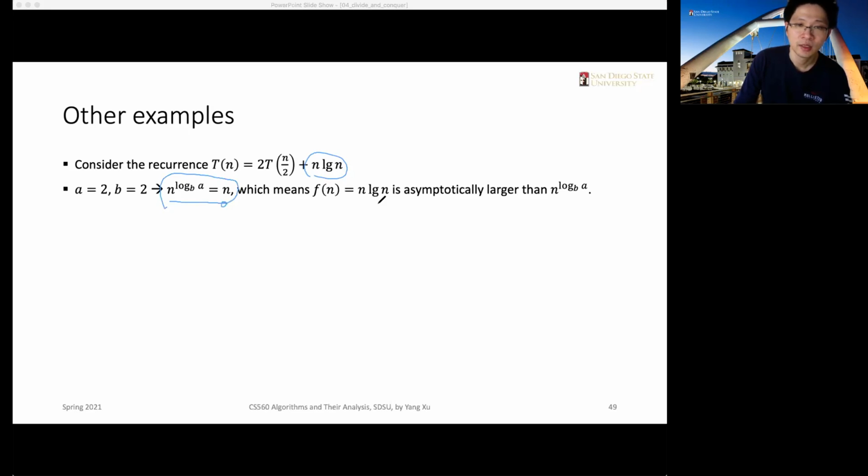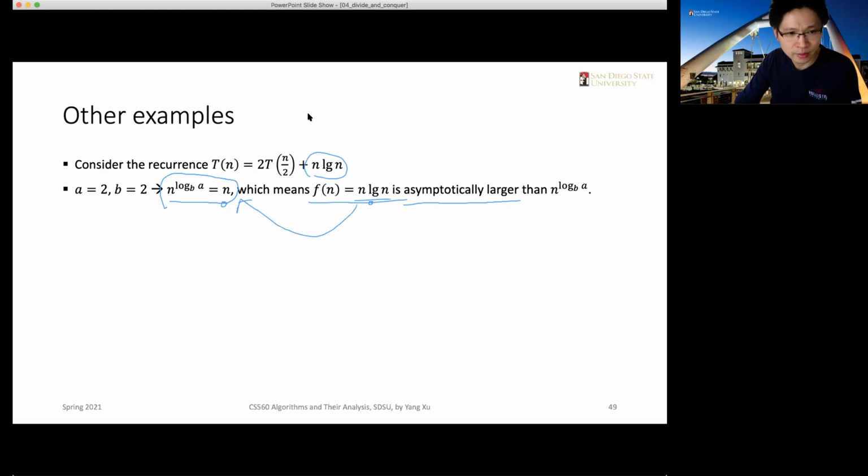It's easy to observe that the function f of n is asymptotically larger, because it's n times logarithm of n, and the logarithm of n is also monotonically increasing. So this function must be at higher order than the linear function.